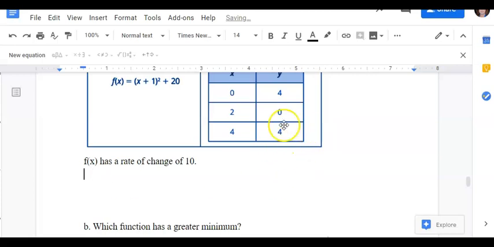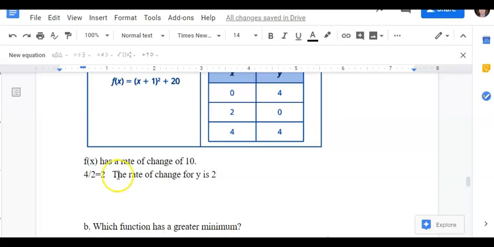The 4 is the second y-coordinate and the 0 is the first. So 4 minus 0 will be 4, divided by 4 minus 2 is 2, and that equals 2. So the rate of change for B, we'll just call it y because it had a y in the table, is 2.